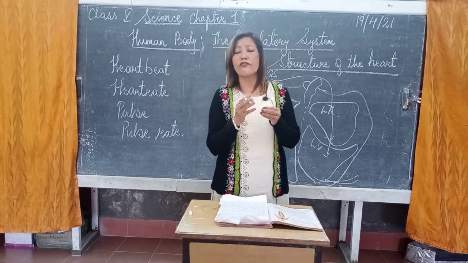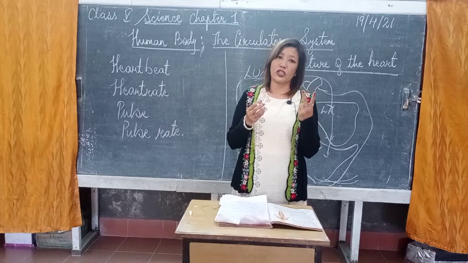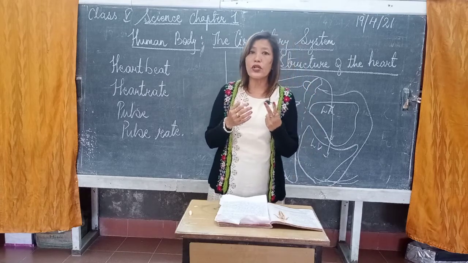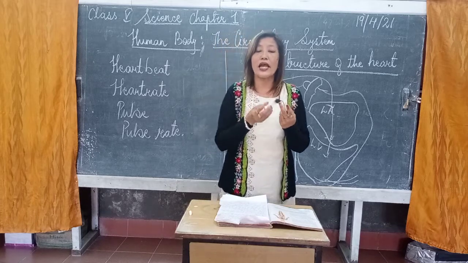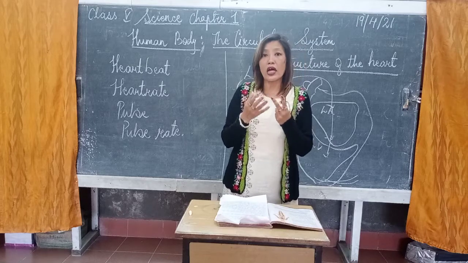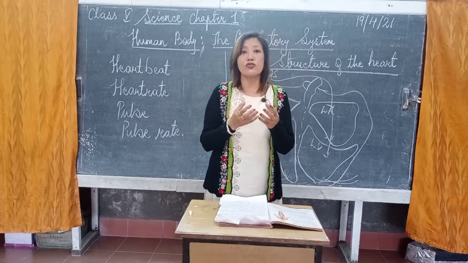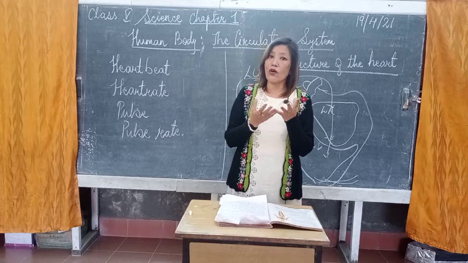The heart has 2 main functions. Since there are 2 types of blood, oxygenated and deoxygenated, the function of the heart is to circulate these 2 types of blood in our body.